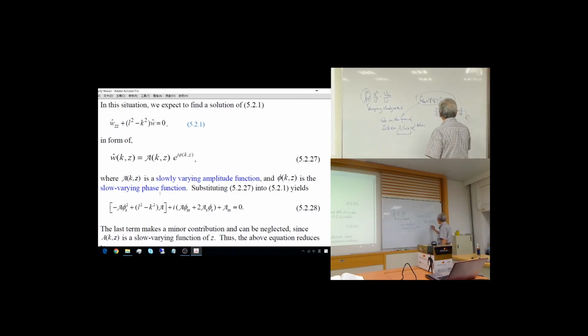That gives us the derivative with respect to G of A times I phi times d phi dG, because it's a function of G, plus partial A partial G times e to the I phi.